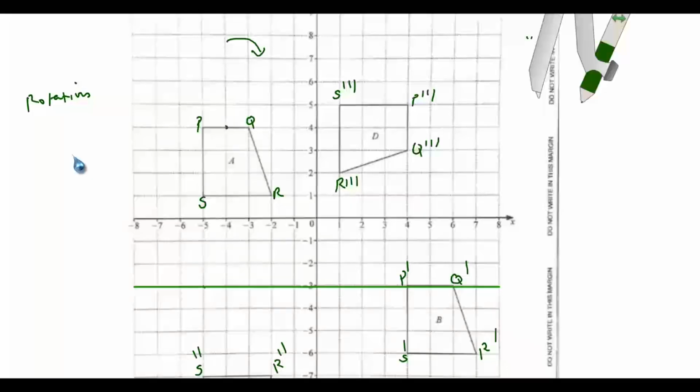So we need to get the center of rotation before we can get the angle. We know the direction to be clockwise, so it's easy to get the angle once we know the center of rotation. To get the center of rotation, let's join corresponding points together. Let's take R and R prime prime prime. We're going to draw the perpendicular bisector of these 2 points.